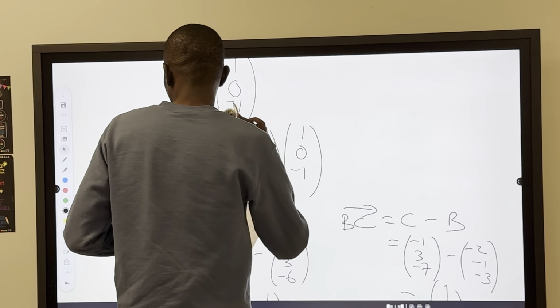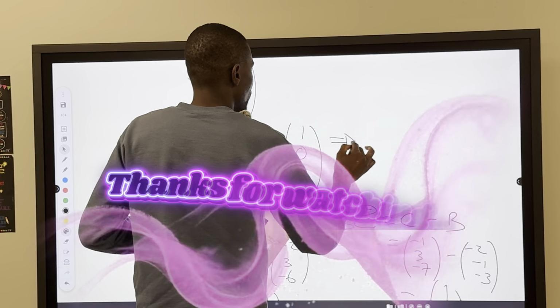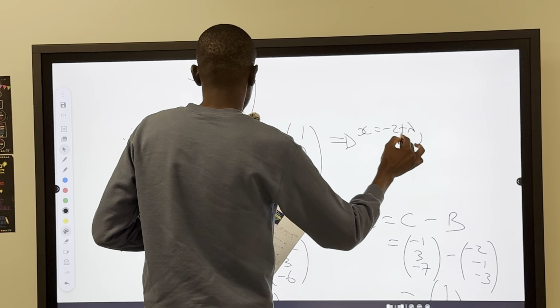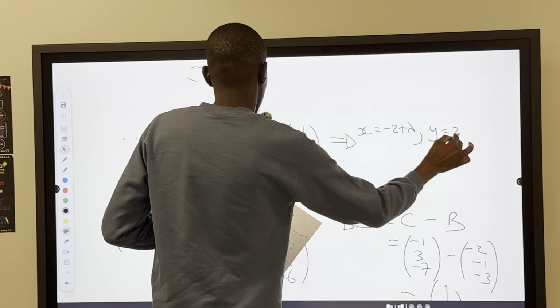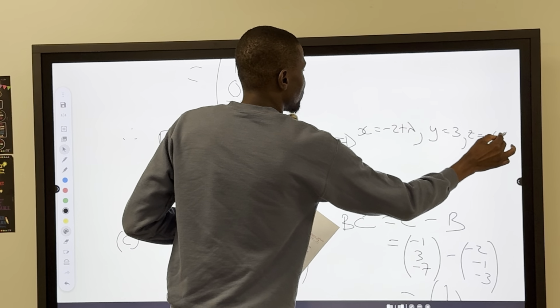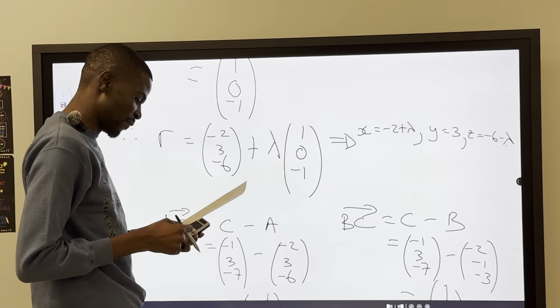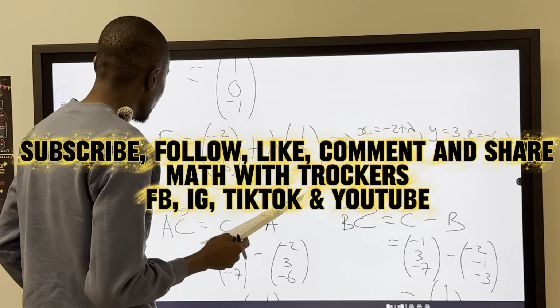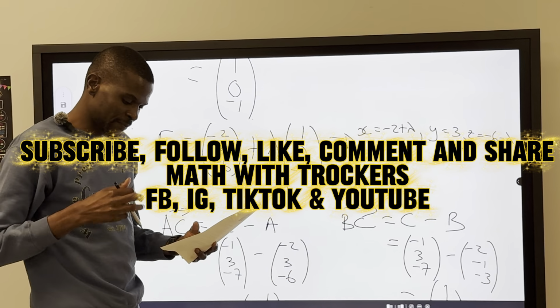The actual answer in parametric form is x equal to negative 2 plus lambda, y equal to 3, then z equal to negative 6 minus lambda. Now we have expressed that in parametric form.